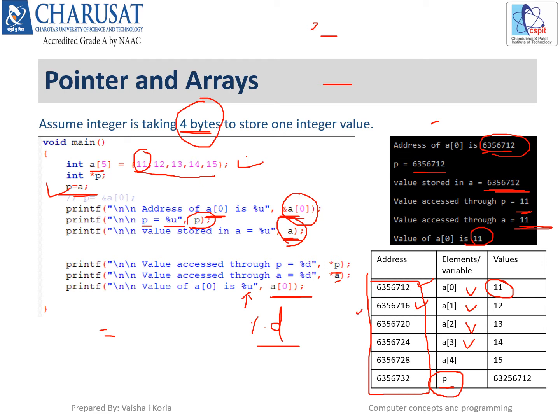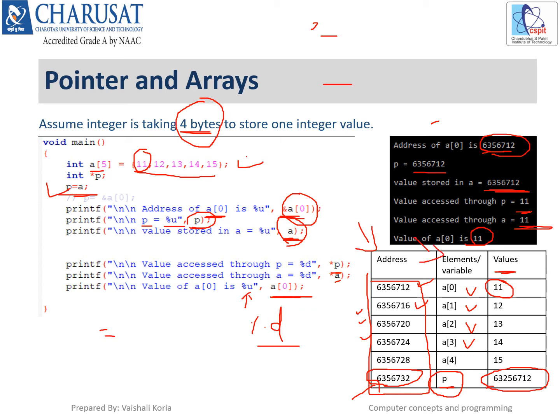So this contiguous allocation will be done for all the array elements. Suppose for the pointer variable p, this address 6356732 is given. This is an assumption. We have not printed the address of p, so we cannot be sure which address will be allocated to p. But yes, the value of p would be the address of the first element of the array, 6356712. So these are the addresses, these are the element names, and these are the values of the different variables.